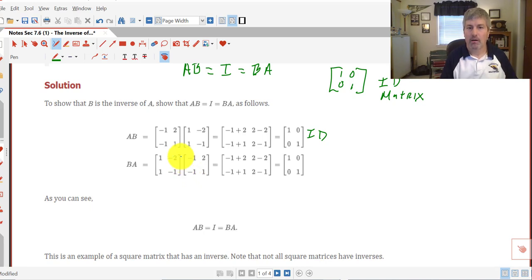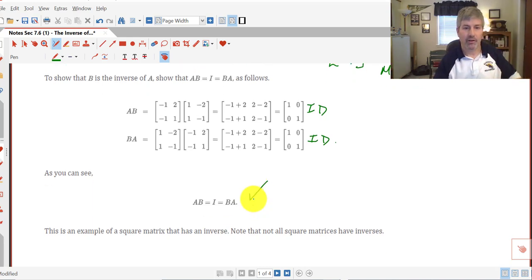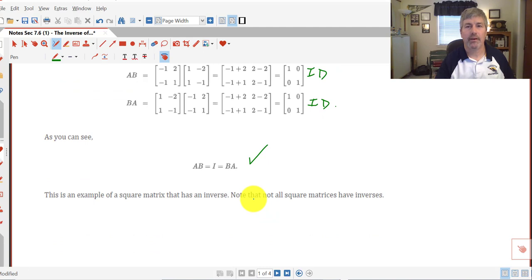We went through our multiplication process, and sure enough, we got our identity again. A times B equals the identity, as does B times A, and that checks out. Those two are inverses of each other. But not all square matrices have inverses.